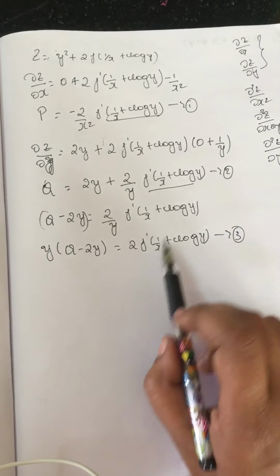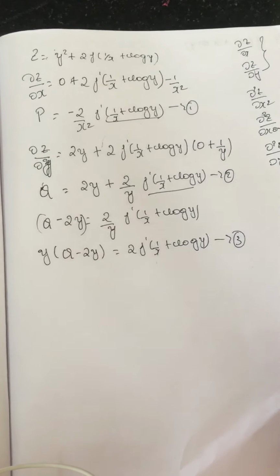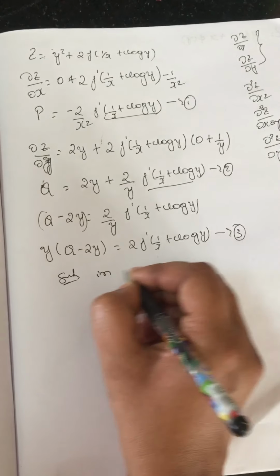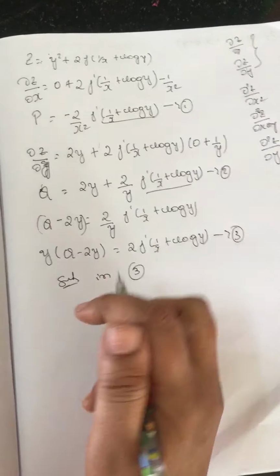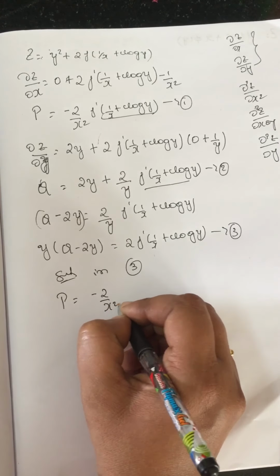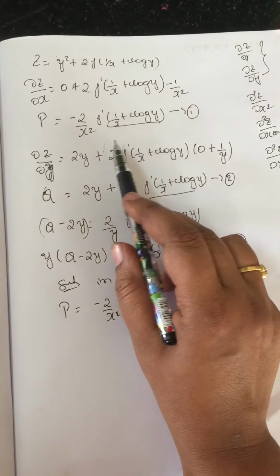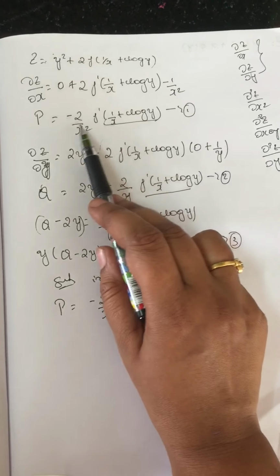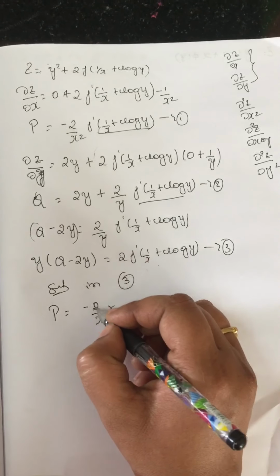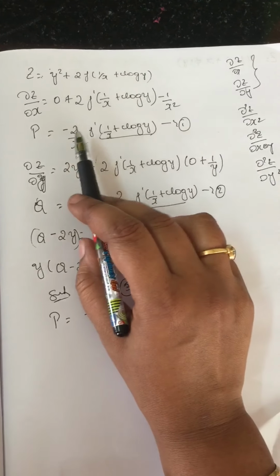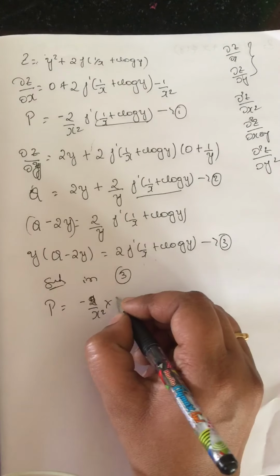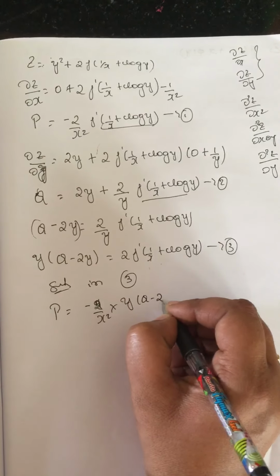So, substitute this value in this equation, then it is easy to eliminate now. Substitute in 3, that means p = −2/x², where −2/x² is constant, times 2 f'(1/x + log y), which can be written as y(q − 2y).